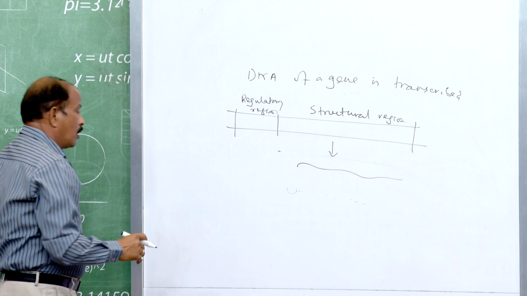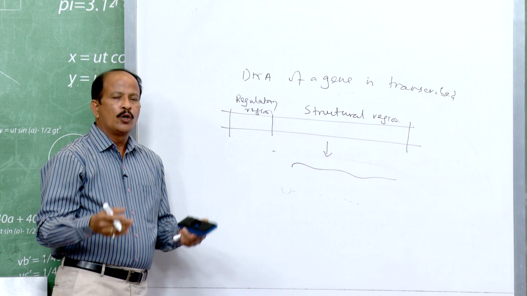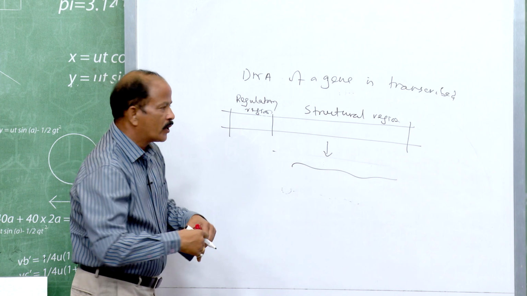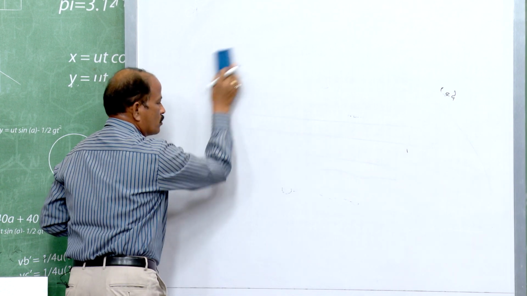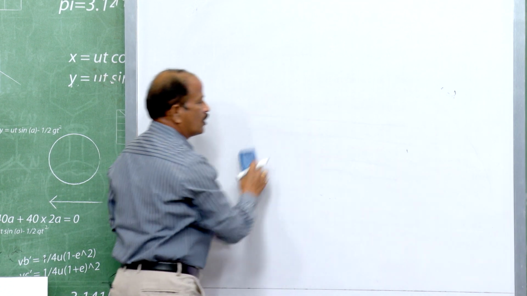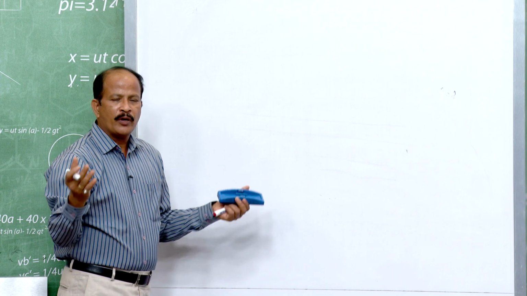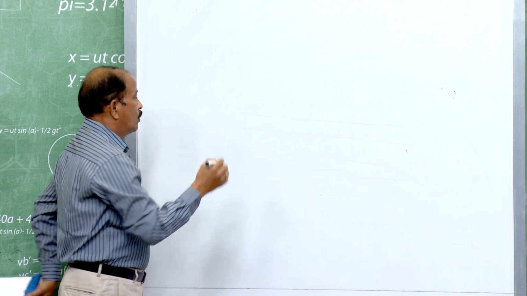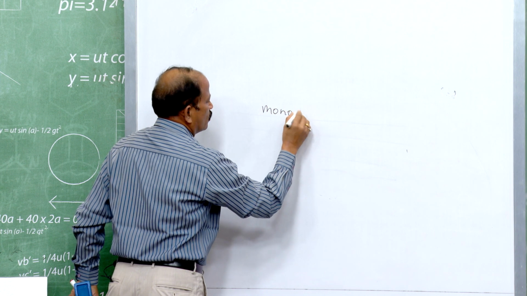So, then let me explain the major difference between prokaryotic and eukaryotic genes, because prokaryotic genes are continuous genes. At least during our first year syllabus, we must have encountered the terms monocistronic and polycistronic genes.